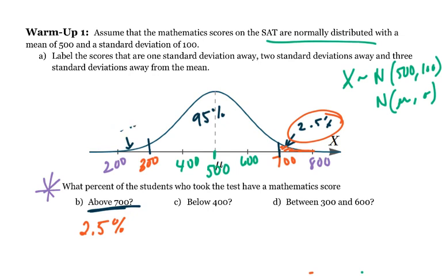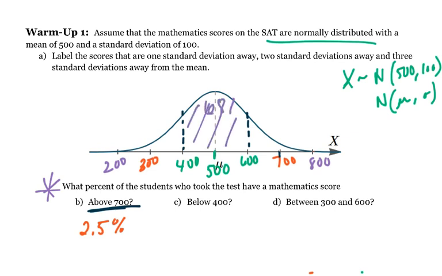So let's take a look. I'm going to clear out some of this. Okay. Let's draw a mark at 400. 400 is 1 standard deviation away from the mean. And we know that in this region, 68% is represented. 68% of the data is represented, which means 32% remains. And so if I take 32% and split it up amongst the two other regions that we haven't shaded, 32 divided by 2 is 16 and 16.